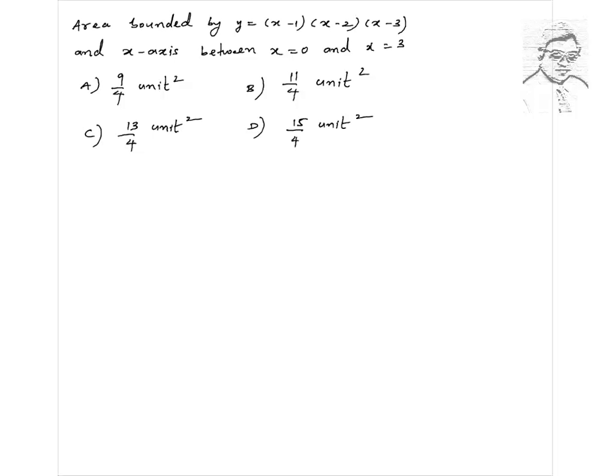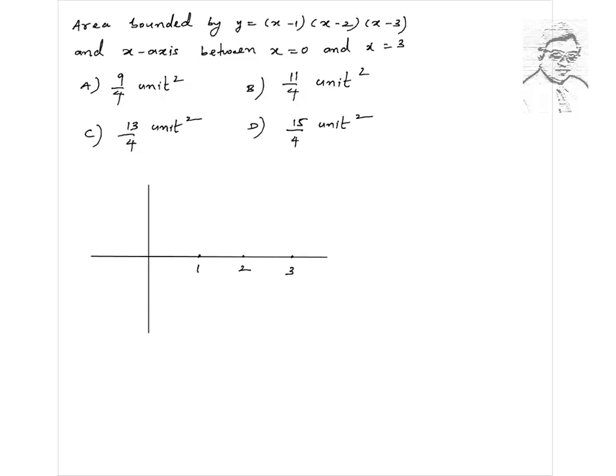I hope you have done the rough sketching, so no negative thing is creating trouble. When x is 1, the function is 0. When x is 2, it is 0. When x is 3, it is 0.